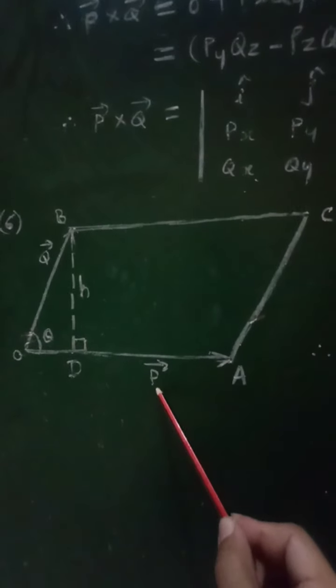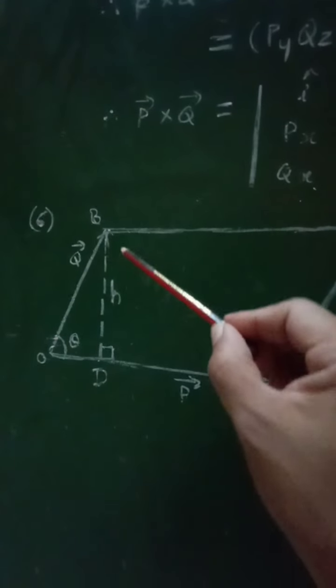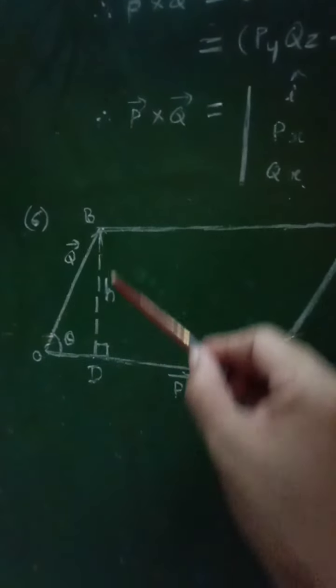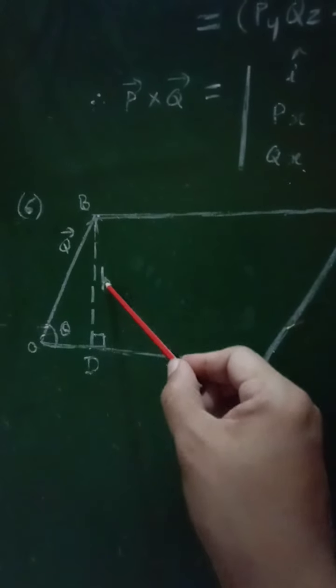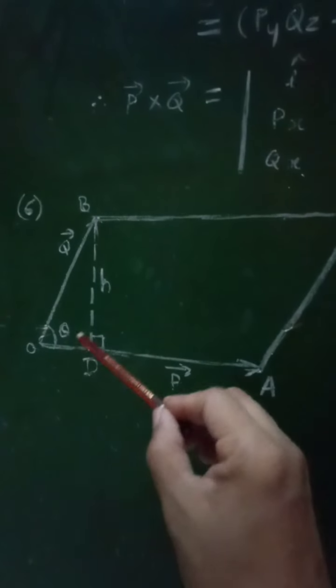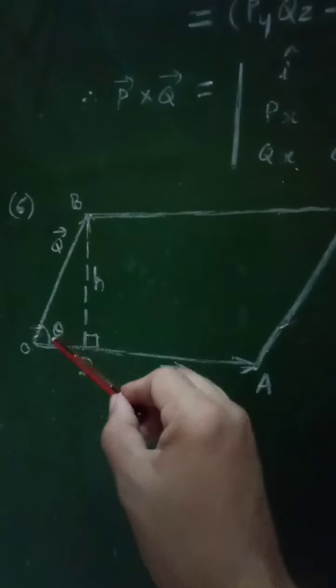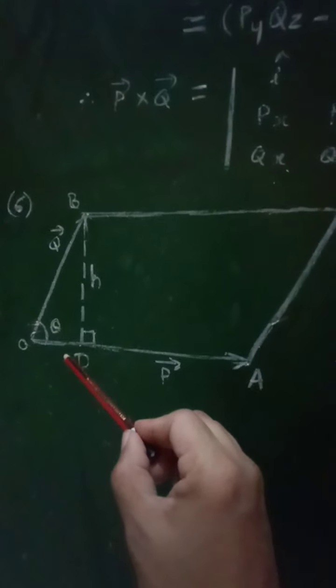But from the figure, OA is equal to P, and this BD, that is the height, is the opposite side to this angle theta. Therefore this h, or BD, will be equal to hypotenuse, that is Q, into sine of that angle, theta.